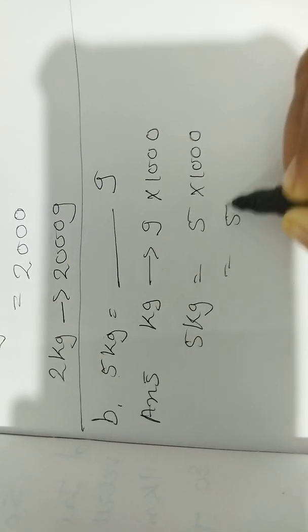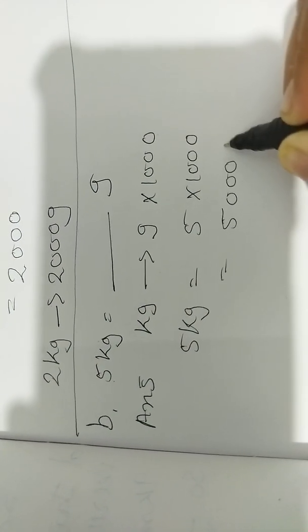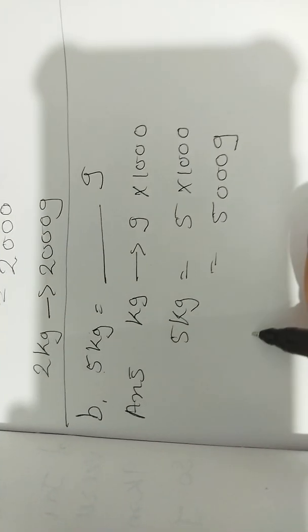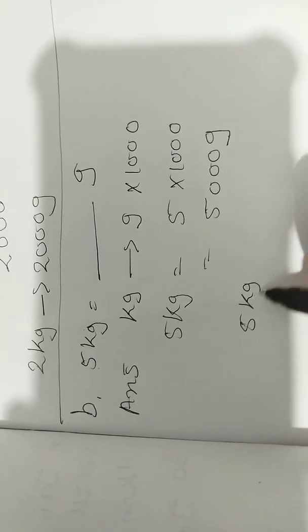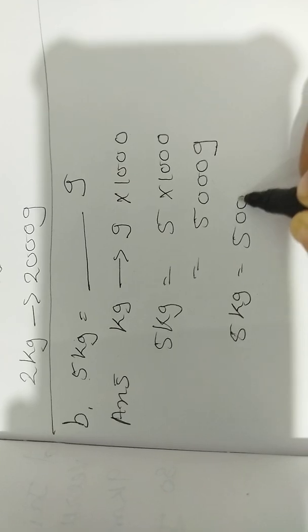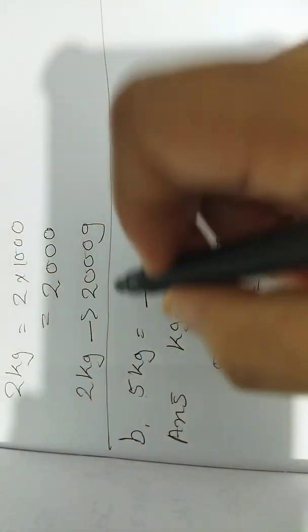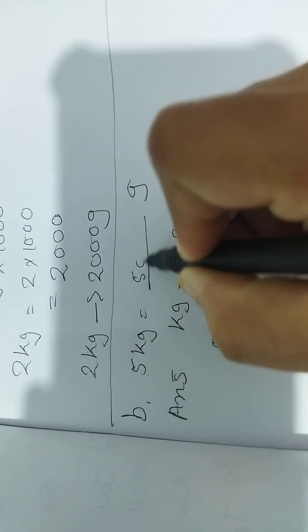Answer is 5000 grams. 5 kg is equal to 5000 grams. So here we write 5000. Now look at these sums, everyone, and write it down in your notebook. I'll give you 1 minute so you have to complete your work.